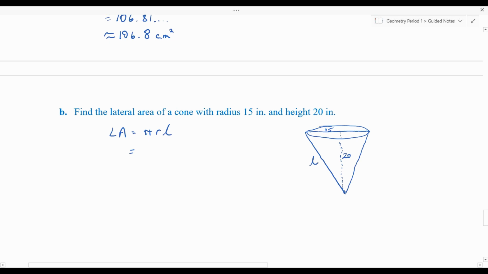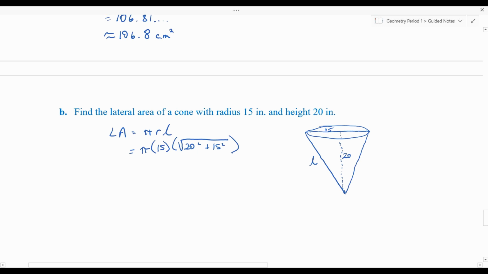So we will use the Pythagorean theorem to find what L is. So this comes to be pi times my radius. My radius happens to be 15, times the square root of 20 squared plus 15 squared.